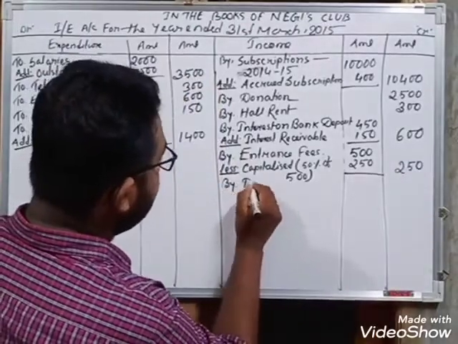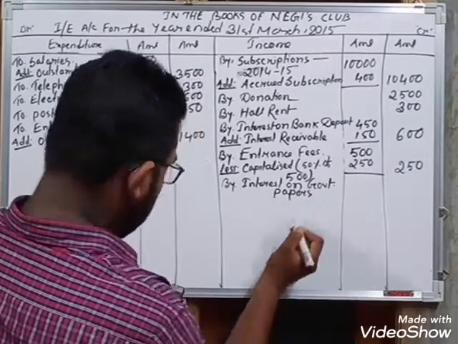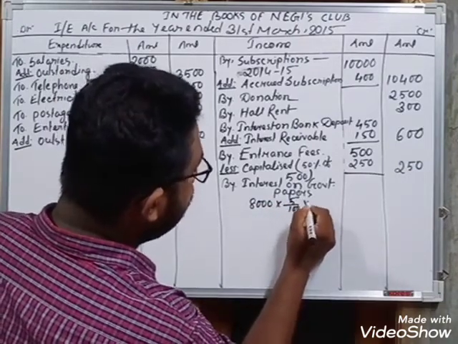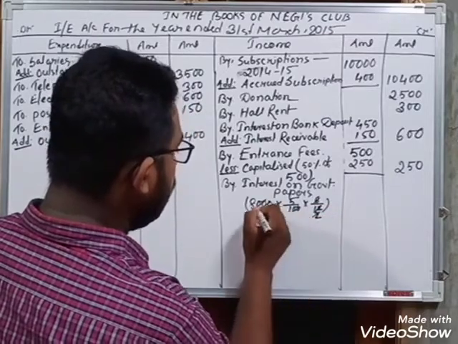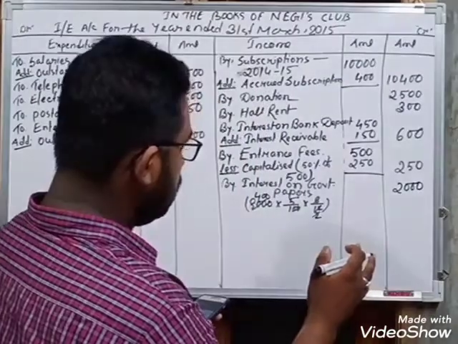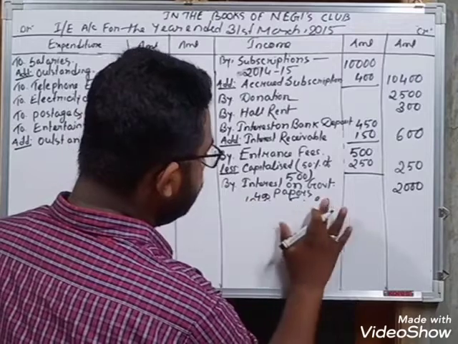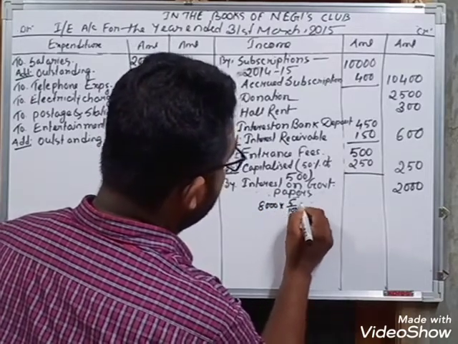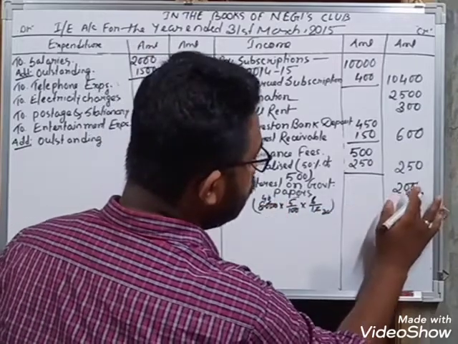So, interest on government papers. What is the total amount of investment? 8000 into 5 by 100, because it is 5%, into 6 by 12, because it is for 6 months. 8000 into 5 by 100 into 6 by 12, that is 40, 5 into 40, that is 200 will be received as interest.